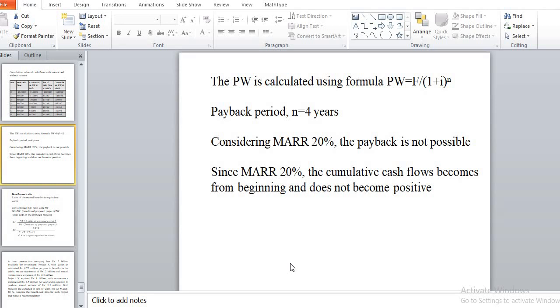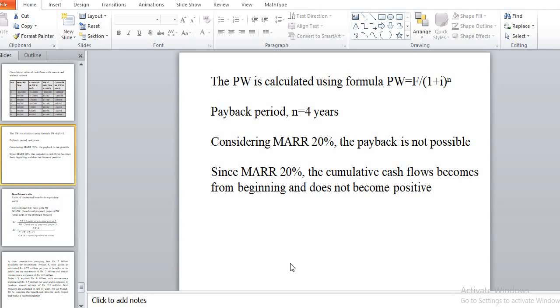So in the IRR method, we compare this with the particular MARR value. Similarly, in ERR also, we compare the particular interest rate obtained from that ERR method with this MARR value, and if it is greater, then we can say that it is desirable or not desirable.